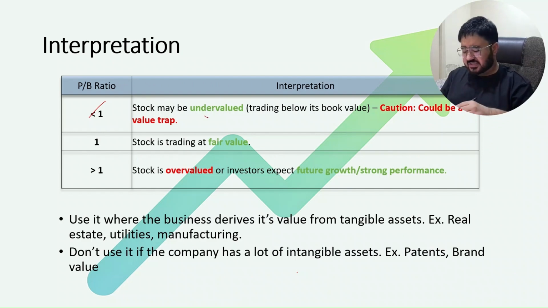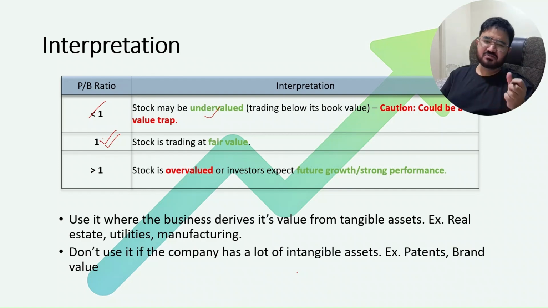Less than one could be undervalued, or another interpretation, it's a value trap. One is fairly valued, and greater than one, of course, it is overvalued, or the investor thinks that there is a strong future perspective for this company.